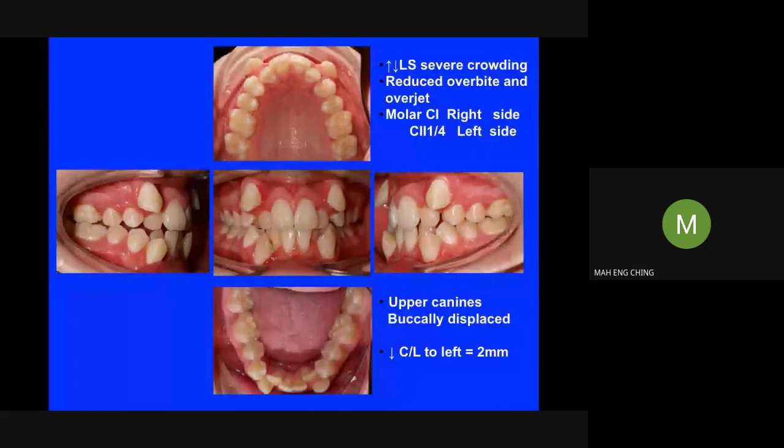I think my computer is out of power. Just let me get the power extension first. Take a break, 1 minute.